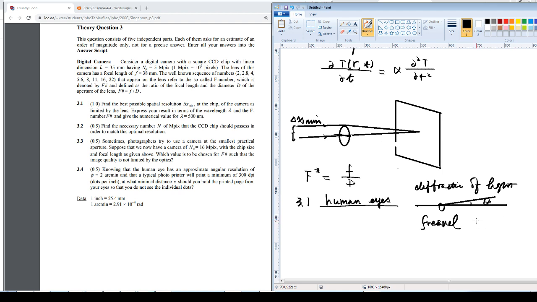Okay, and the angle is equal to 1.22 wavelengths of the light over the diameter of the aperture. And in fact, we discussed this before. You can also explain why this happens through quantum uncertainty, Heisenberg uncertainty, because you don't really know where the photon goes through the aperture.